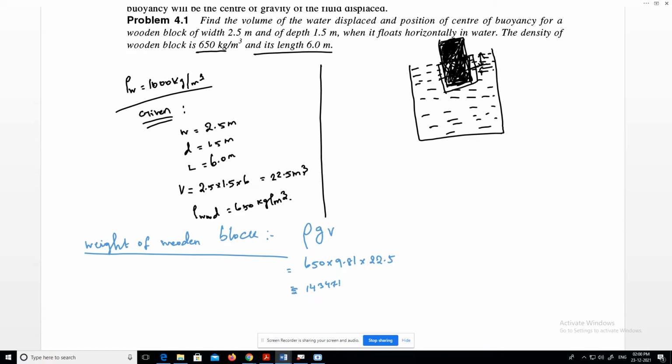Under equilibrium conditions, weight of the water displaced is equal to the weight of the wooden block.